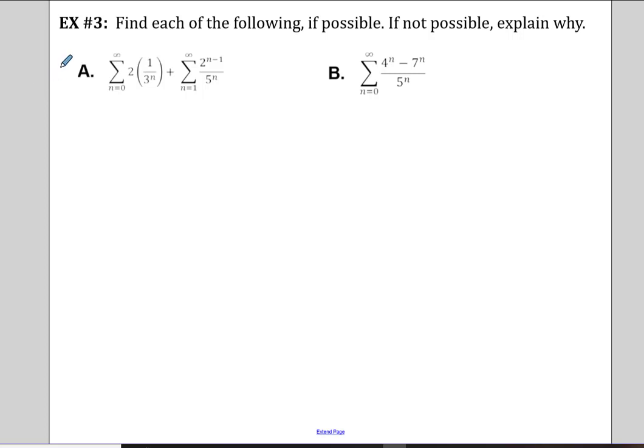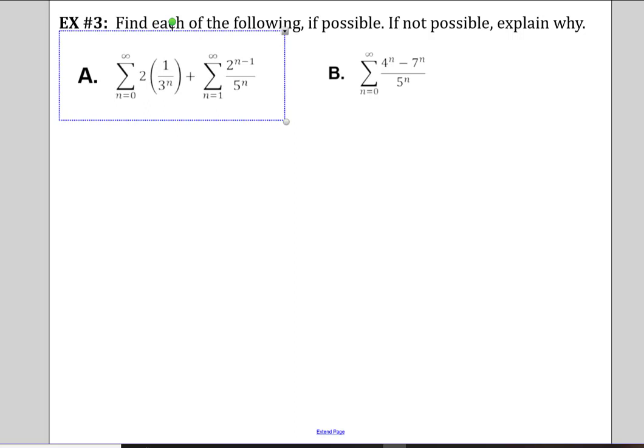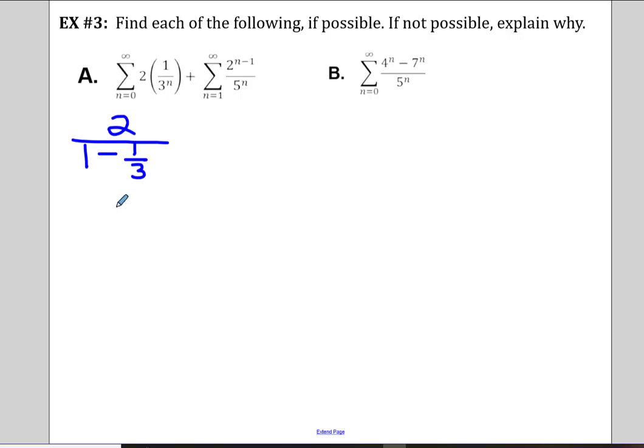Example 3, we want to find each sum if possible, and if not possible, to explain why. In part A, the first piece we have is, n is 0, so this is going to go to 1, so this is 2, and our ratio is 1/3, so 1 minus 1/3, and 2 divided by 2/3, that's going to be 3.